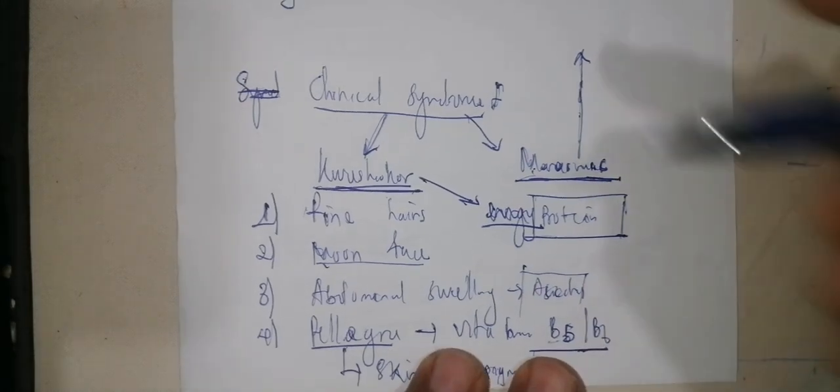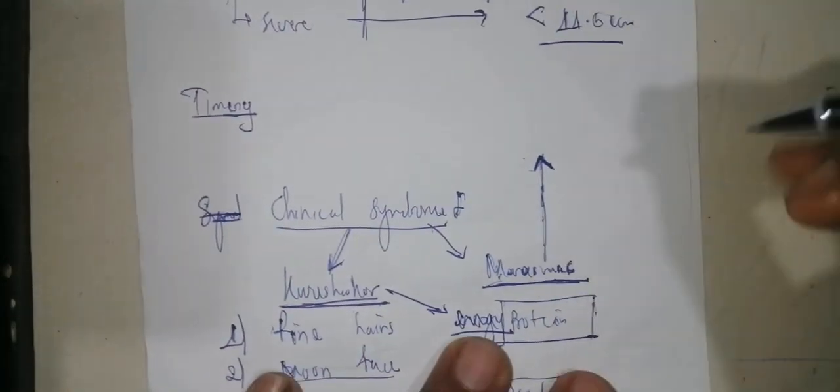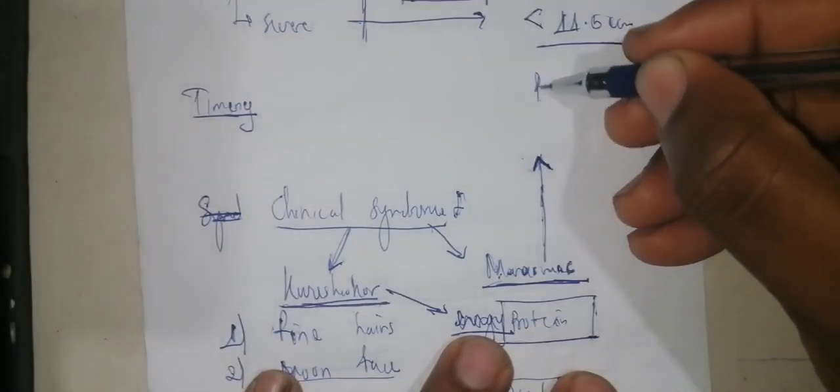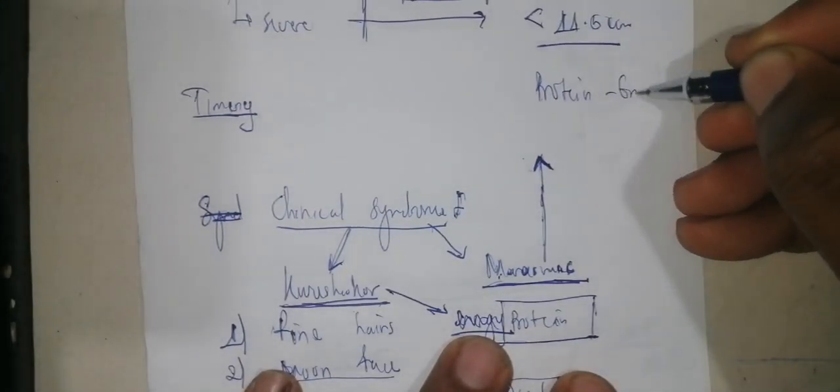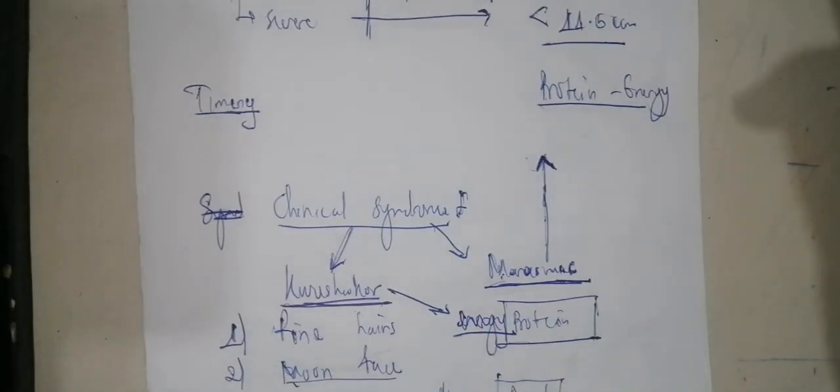And now the next element is marasmus. For marasmus, you need to know that it has features of both protein and energy malnutrition. So there is both loss of proteins and also loss of carbohydrate and fat, which correspond to the energy.